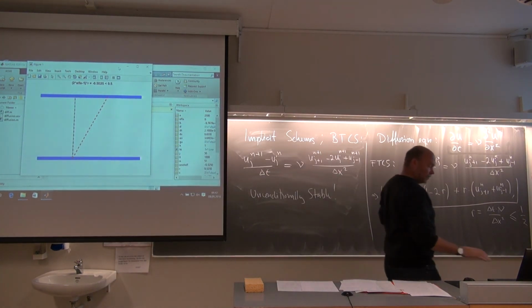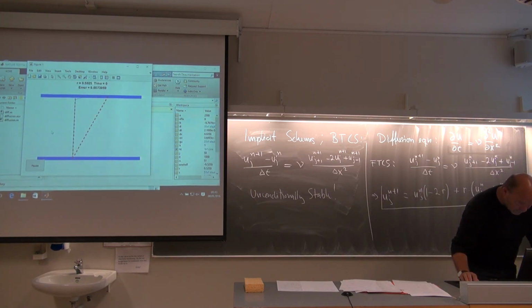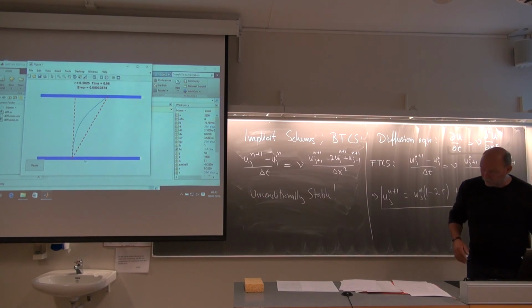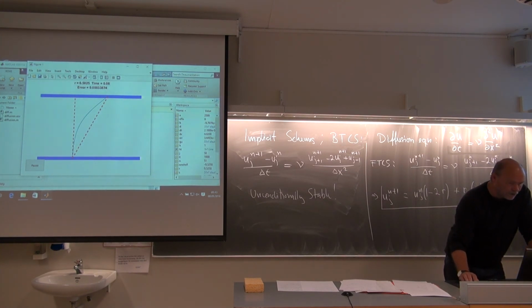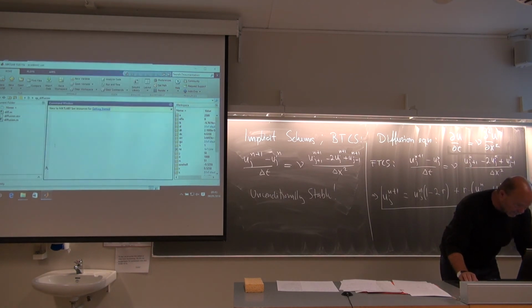So if we now run this one, I have to run it like this. Yes, it is indeed stable, no problem. So now, according to the theory, we can use as big a time step as we would like. So let's check if this is possible.